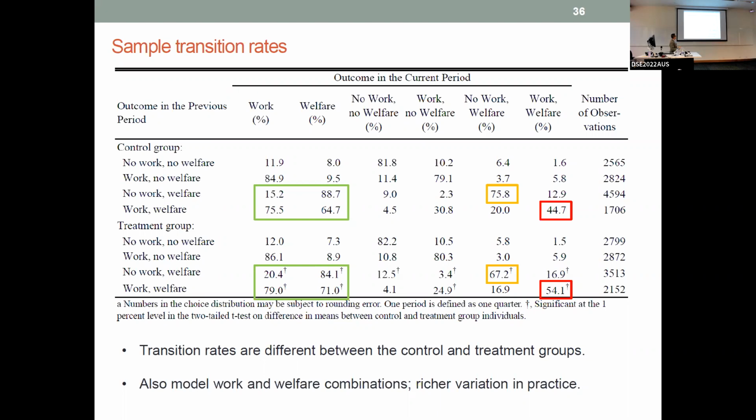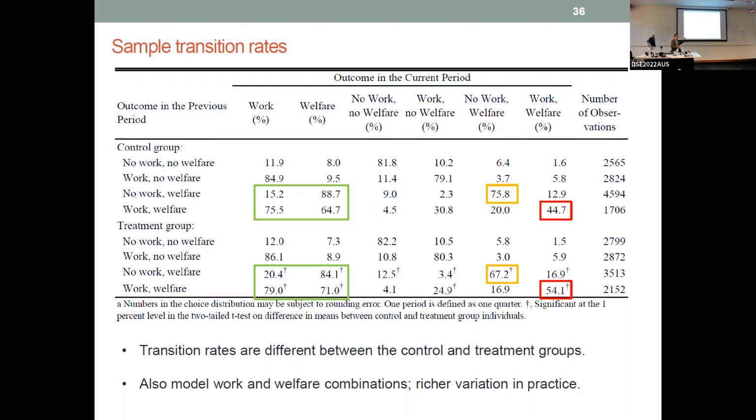If you consider, for example, people who were non-working welfare recipients in the last period, if they're in the treatment group, they are much less likely to remain in the same state compared with a similar person in the control group. Oh, but by the way, these are just pooled observations in the data, so they're potentially endogenous.